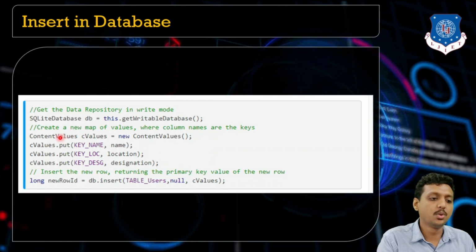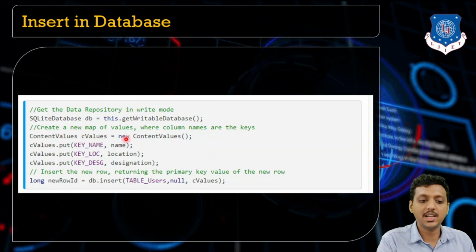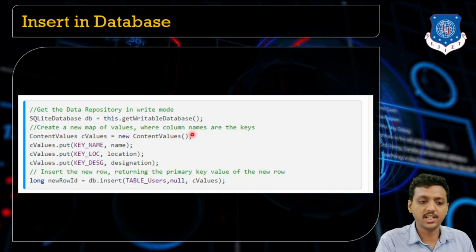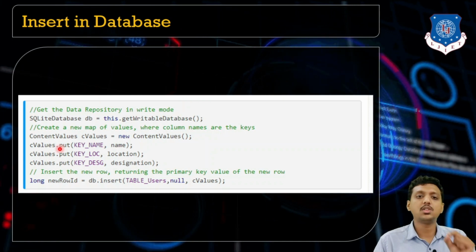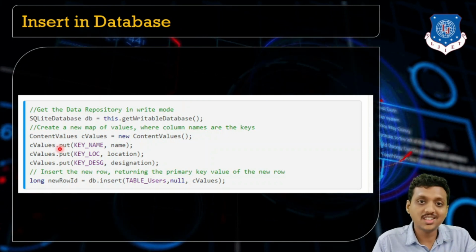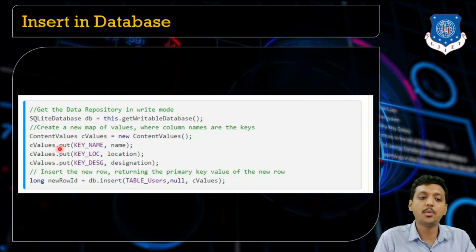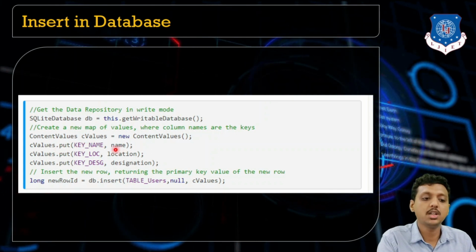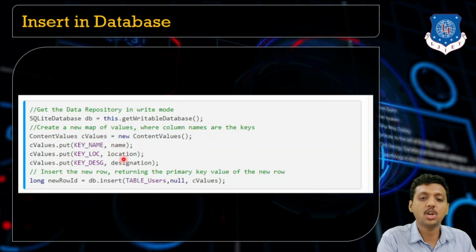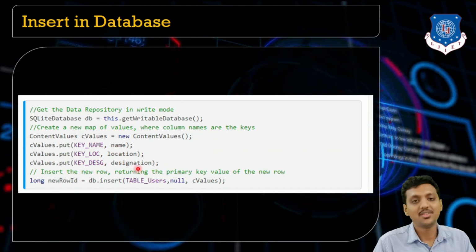Okay. So the ContentValues object, cValue, is created, then you just need to pass the values. If you want to insert something, you need to call the put method. It goes like this: ContentValues object dot put, column name comma variable, column name comma variable, column name comma variable.